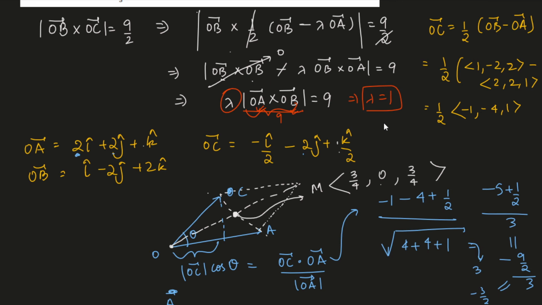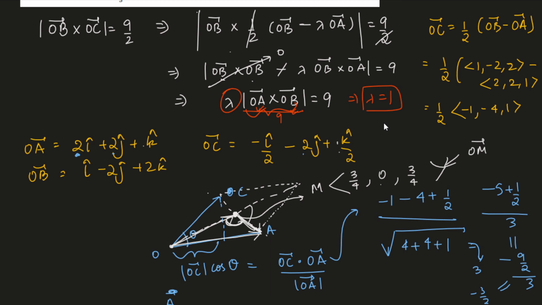And what we can do from here, well, we know what vector OA is, we know what vector OM is. We can also try to figure out what vector MA is, and then we can find out the angle between these. This can give either the acute or the obtuse angle, since there are two angles involved. So the vector OM is just equal to this.